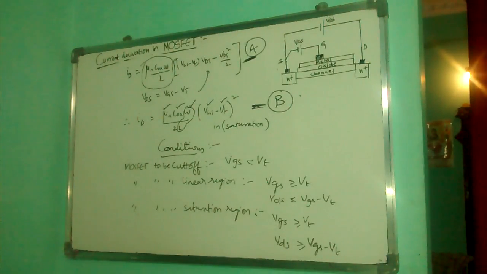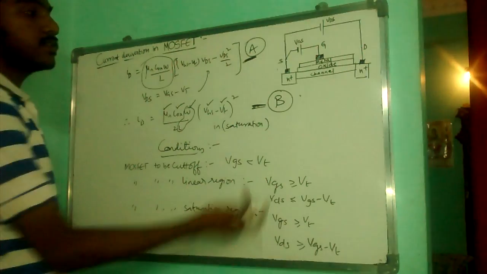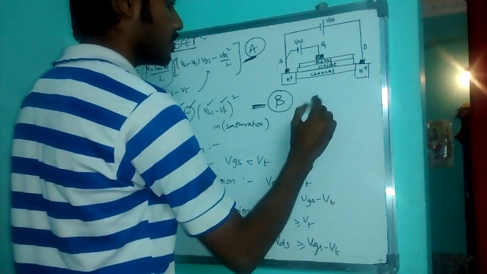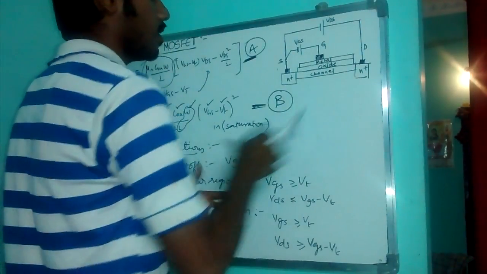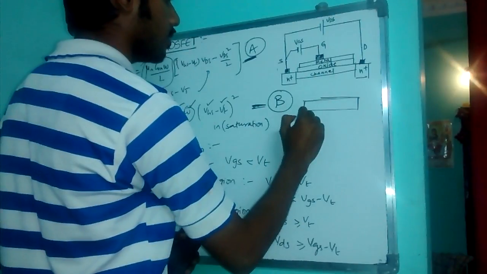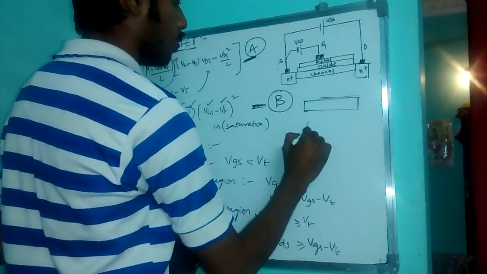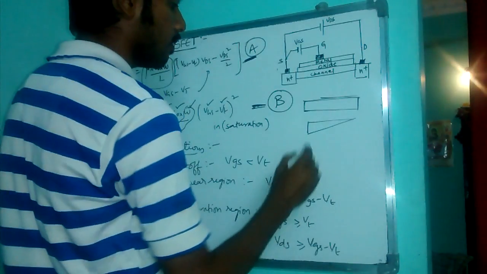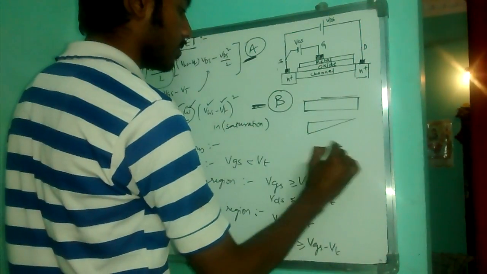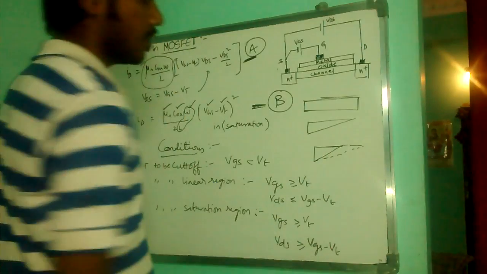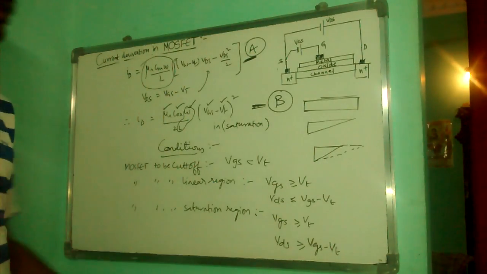Due to a high increase in the drain to source voltage, what happens is that initially the channel is in this manner. Slowly, with the increase of the drain to source voltage, the channel will pinch off like this. This is called the pinch off effect.